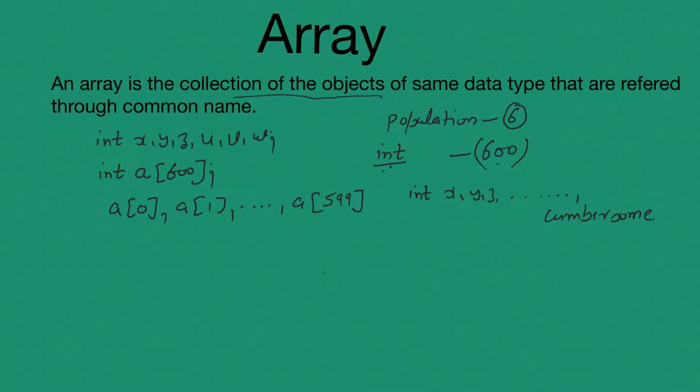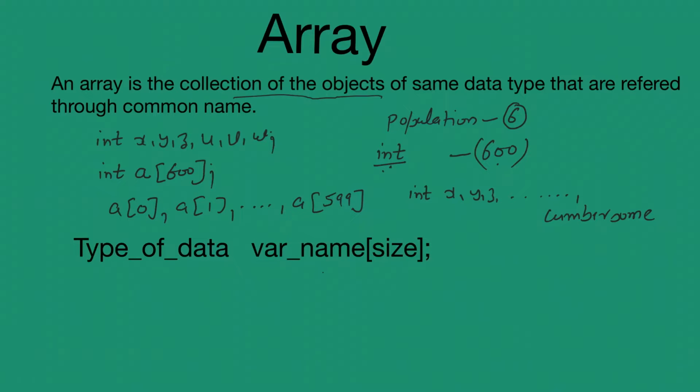So we will see the general rule of declaring array variables. The general rule is given by this: first the type of data. Like if we declare an array of integer data type, the data type is int, the name of the variable say is a, and within the square bracket the size say is 10, followed by a semicolon.